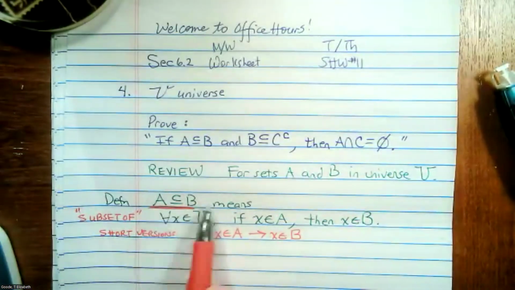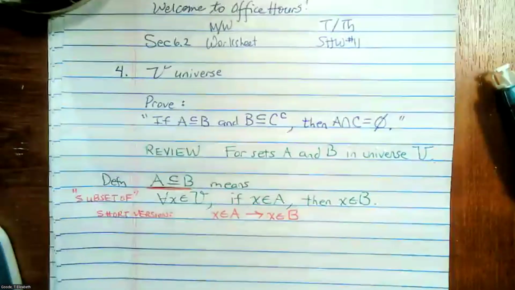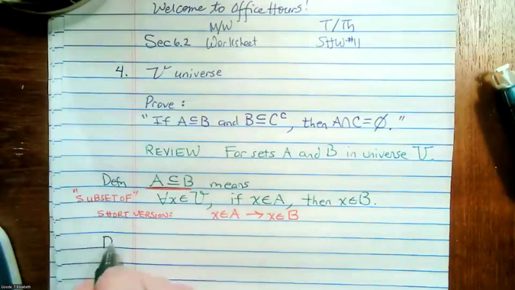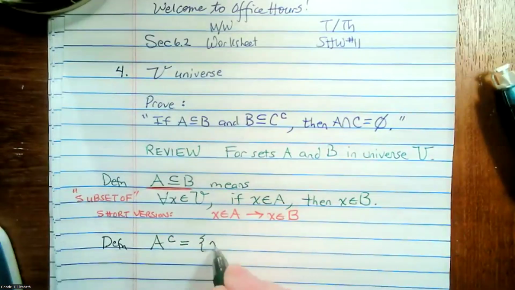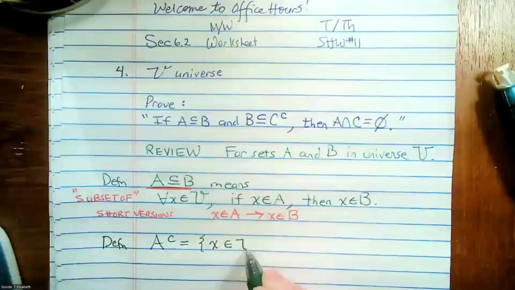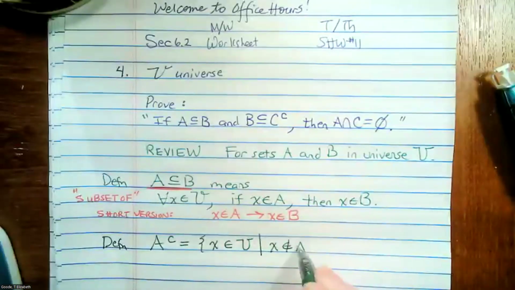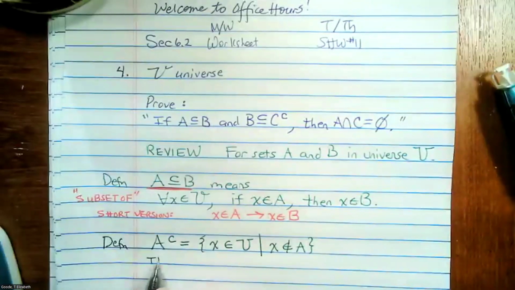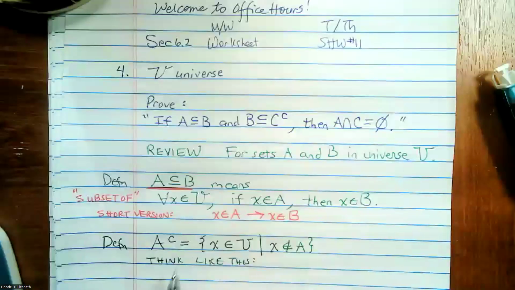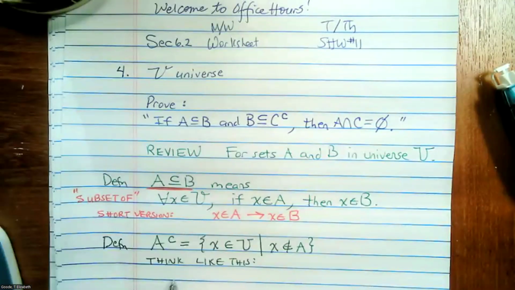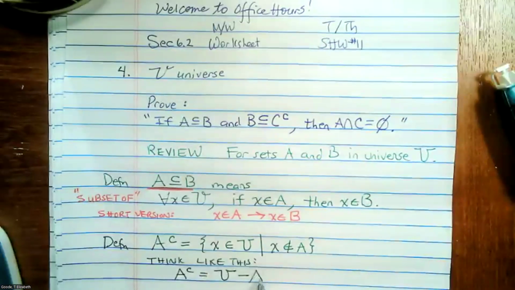So everything that's in A is in B. Then the definition of set complement: A complement is the elements x in the universe such that x is not in A. So you can just think about it this way: all the elements that aren't in A. That's basically right. A complement is the universe, but subtract away A.